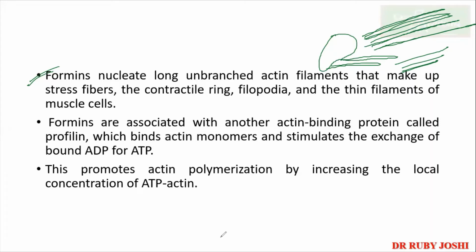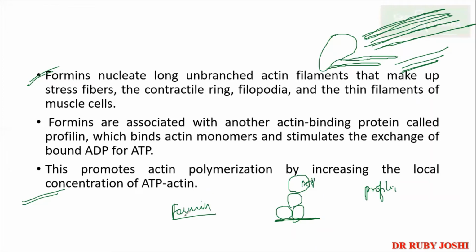Did you get it? So let me summarize for you guys over here. Formin is forming the base onto which the actin binds. Profilin is helping in bringing the G actin bound to ATP.